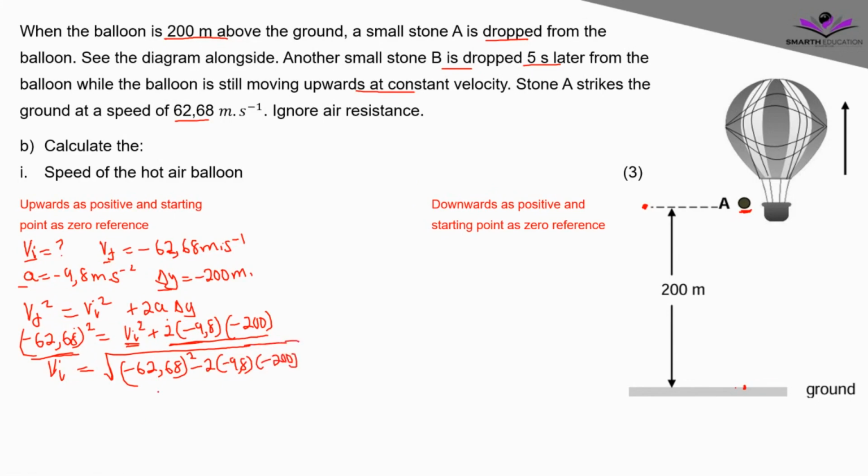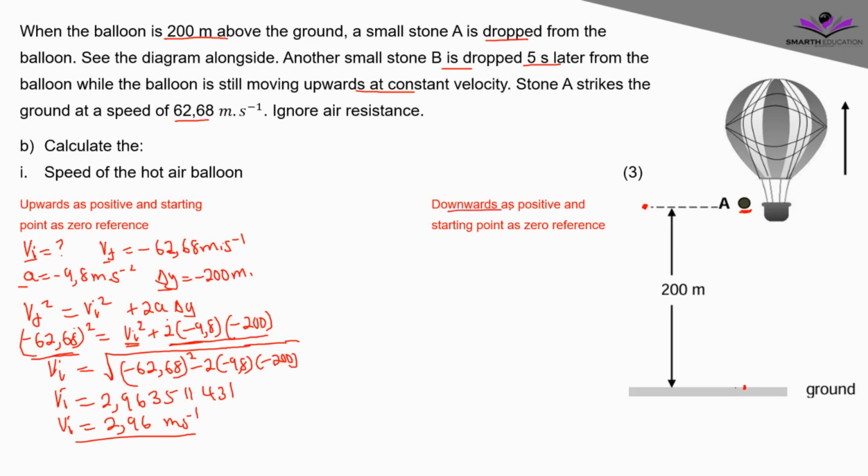We just do that, and this will give us our initial velocity, which is 2.963511431. We took upwards as positive, so the initial velocity is 2.96 meters per second. That's the initial velocity.